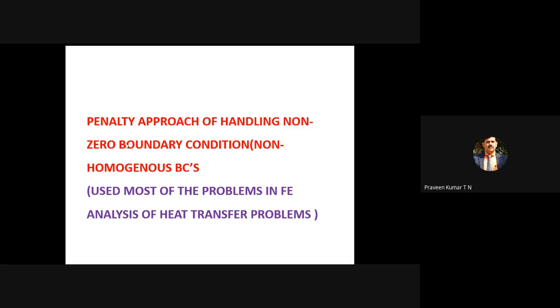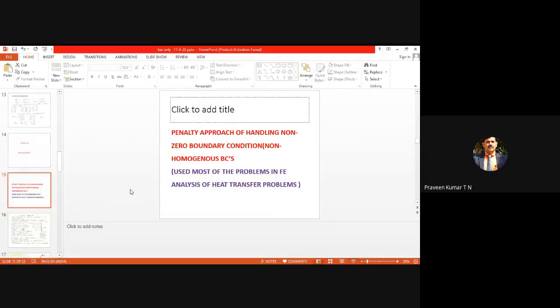In heat transfer, what are the boundary conditions? At least one of you can answer, after studying heat transfer. So one thing is, you require domain knowledge, not only finite element knowledge. To go for finite element analysis, you require domain knowledge.